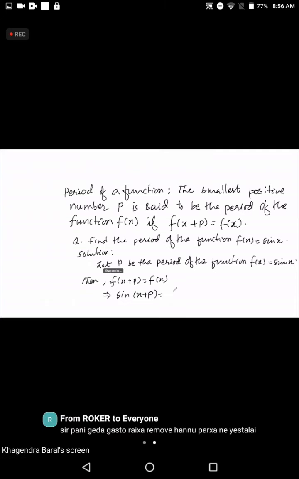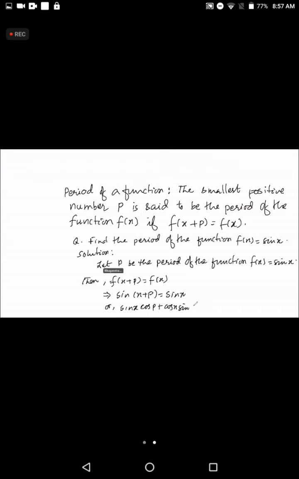Here we use the formula for sin of a plus b. Now we compare the coefficients of sin x on both sides.